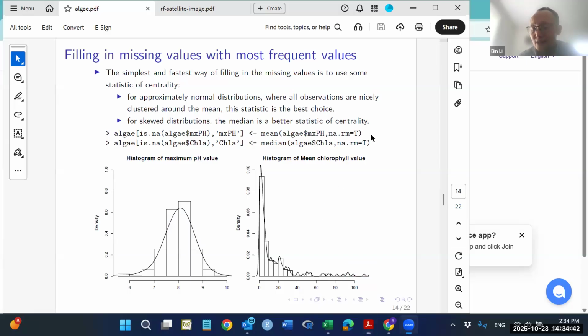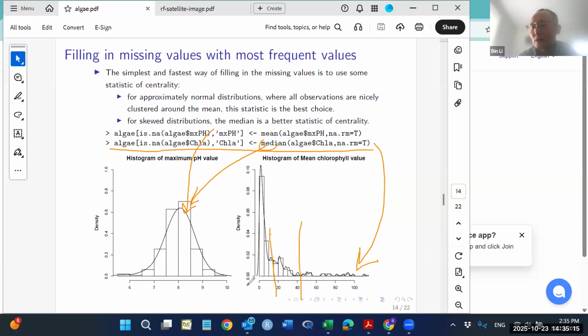Because the mean is highly influenced by those outliers. The mean probably can go here because we have some very large numbers here. But the median is less affected. Median probably is here. So it's better to use the median. Okay, so we can either replace by the median for this variable and the mean for this variable. But here, the median still applies to this one. Why? When it's symmetric, median and mean are very close.